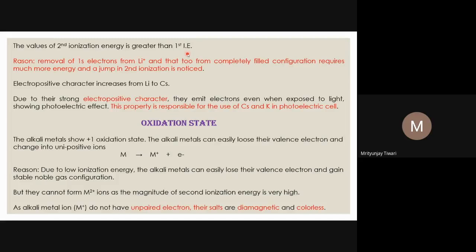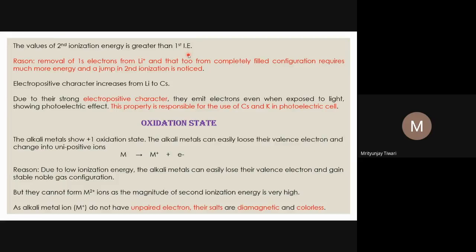The second reason is if you look at the electronic configuration, the electronic configuration of the monovalent cation of alkali metals is equivalent to the nearest noble gas. We get the noble gas electronic configuration, and that is a very stable electronic configuration.